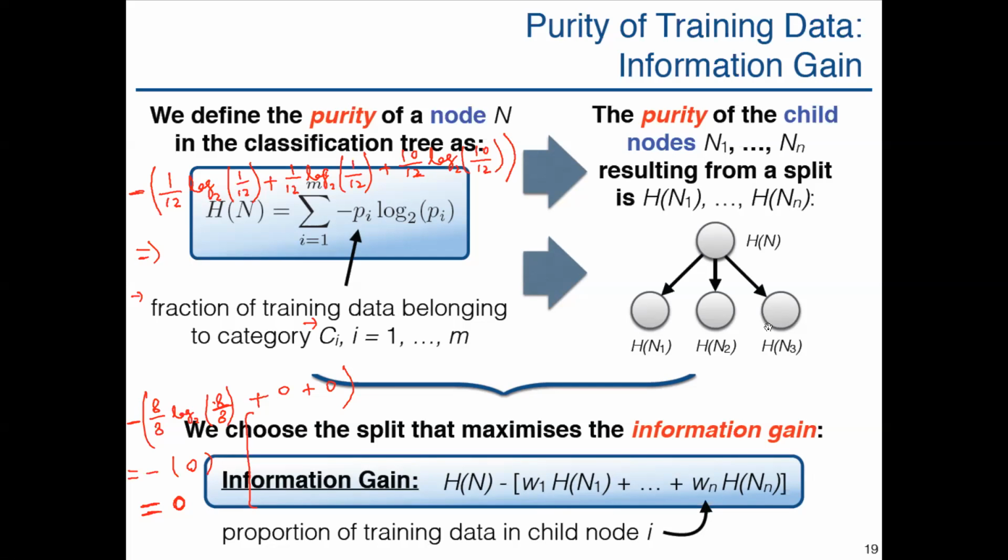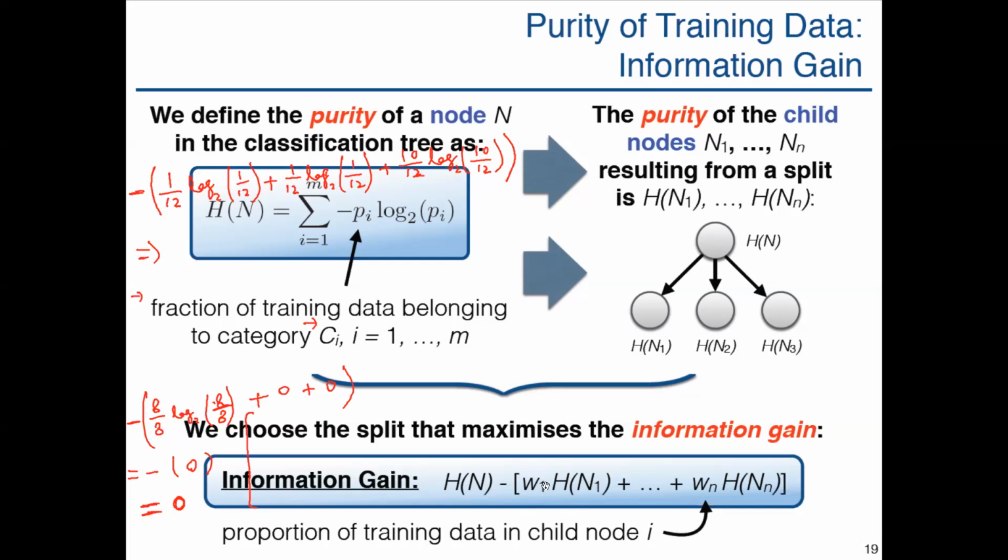You are not going to just do a simple sum, you are going to do a weighted sum for these child nodes, और इन child nodes के weighted sum को आप parent node की entropy से subtract कर देंगे, ठीक है? That is going to give you the information gain.